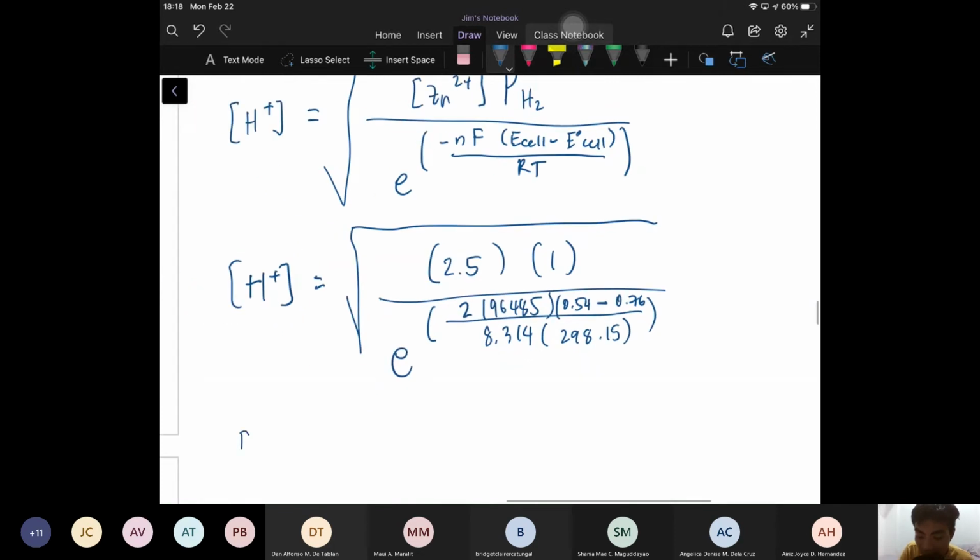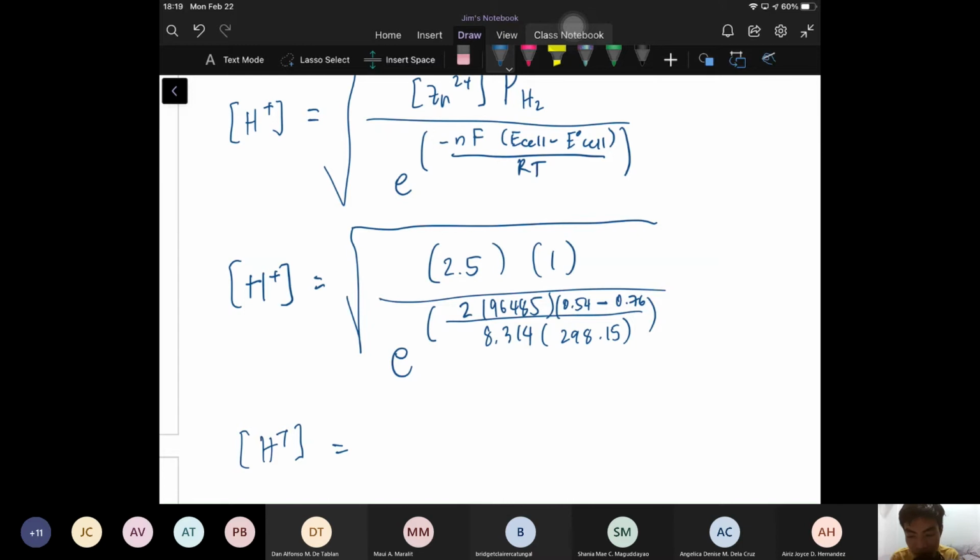Okay. We can now solve for the H plus. Plug in mo lang yan dito sa calculator. That will be 2.5 times 1 divided by the exponential of 2 times the Faraday's constant times 0.54 minus 0.76, E cell minus E not cell, divided by gas constant in energy units and 298.15 Kelvin temperature.